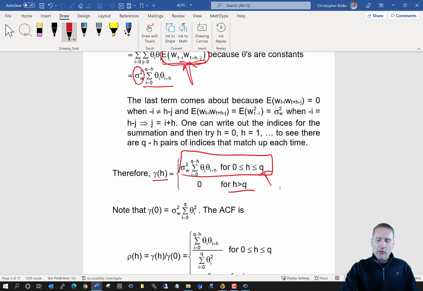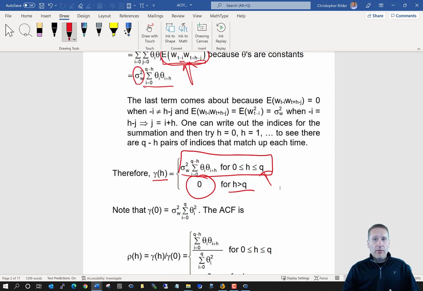And so when h is greater than q, we get an autocovariance function of 0. And this is very interesting, that essentially what happens is, using a term that we often use in time series analysis, the autocovariance function cuts off at lag q. It becomes 0 after that.